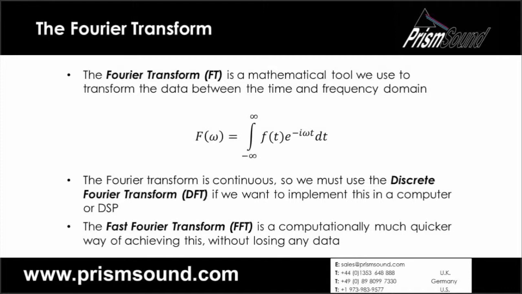But this is actually quite inefficient and can take us a long time. So what we use is the fast Fourier transform, which is basically another method of achieving the same thing. It's a much quicker way because it takes out some redundant calculations. So it saves us a lot of time.